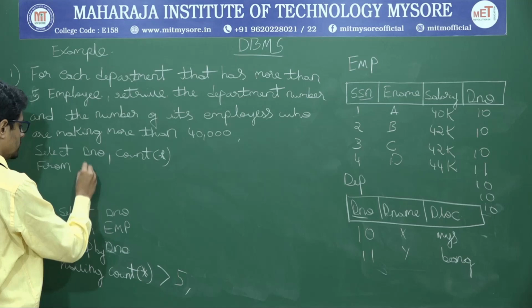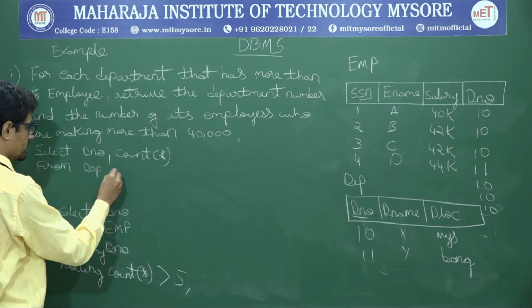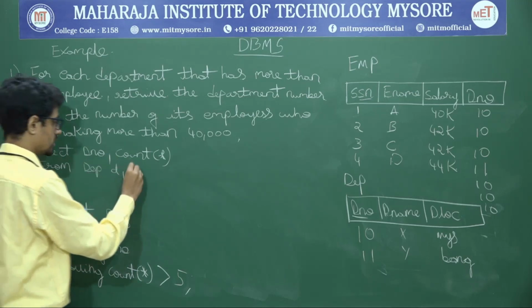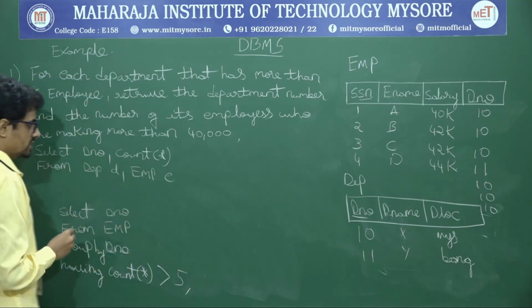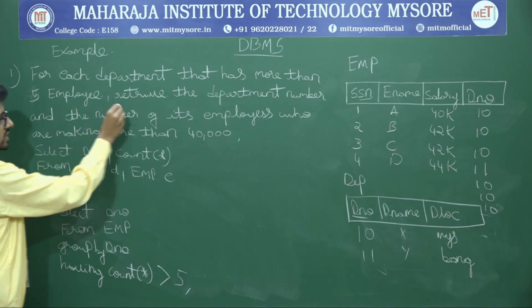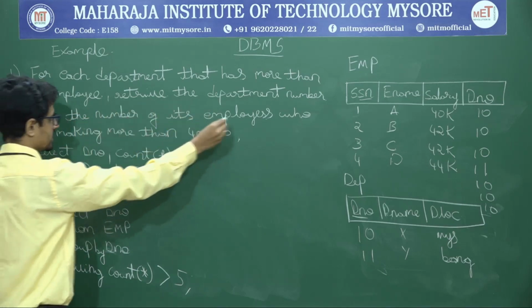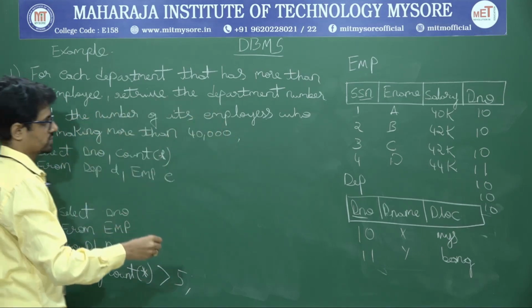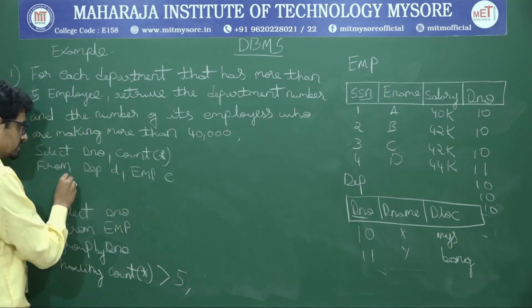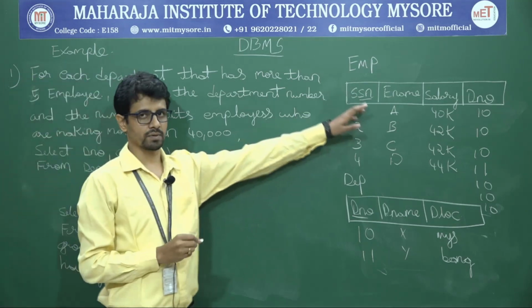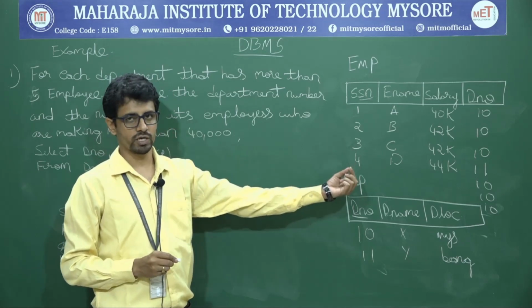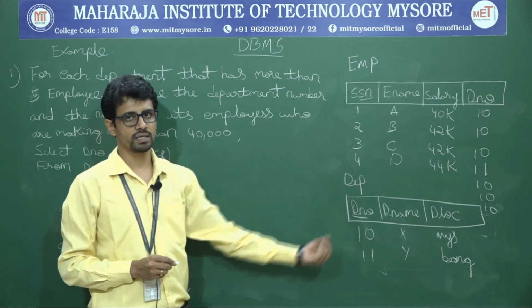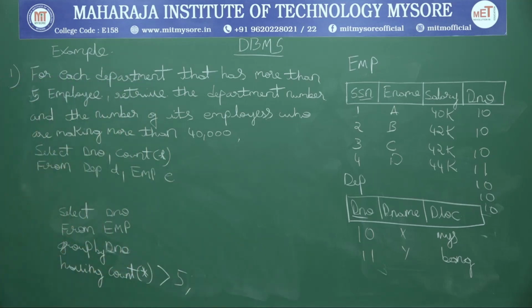So from department D, then employee E. See why I am applying a join: the question is to retrieve the department number and the number of its employees who are making more than 40,000. Department number is present in department as well as employee, but to know how many employees are earning more than 40,000 with respect to each department, I am supposed to do a small join operation in this case.